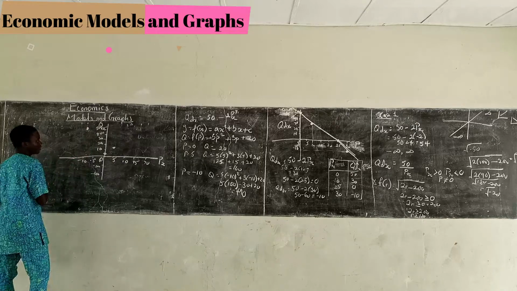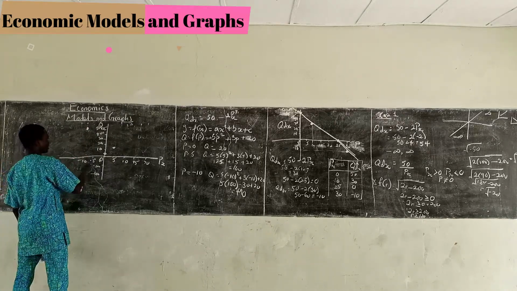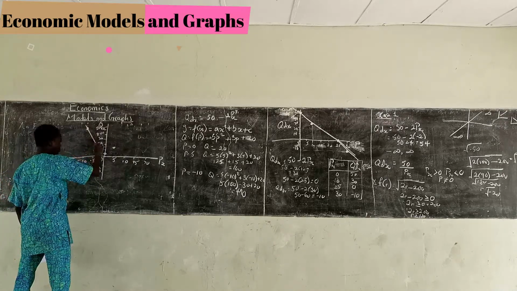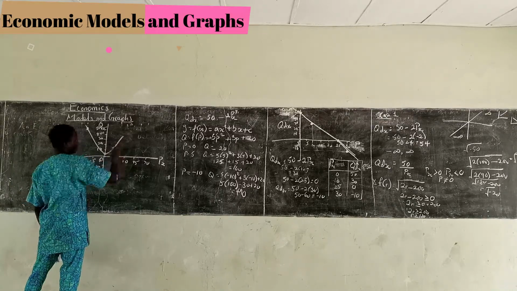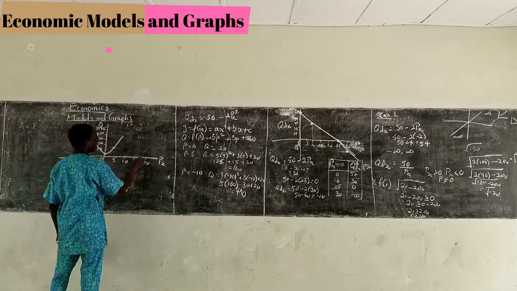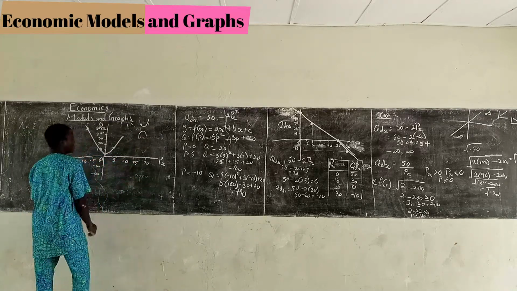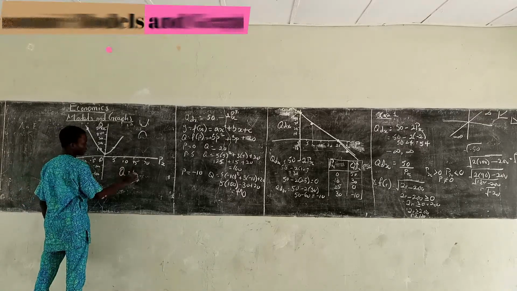As we continue to plot out the points, you can see we are likely going to have a curve like this. So whenever you have a quadratic function, you will have something like this.